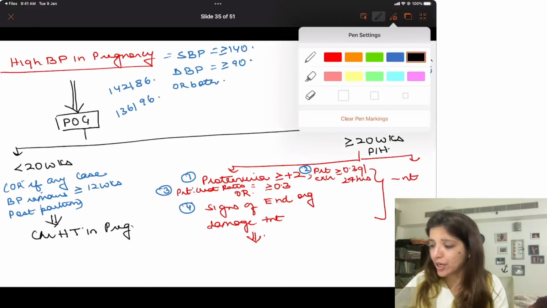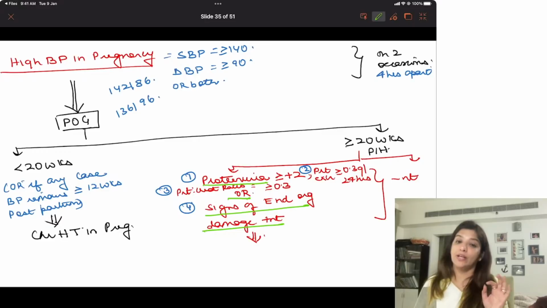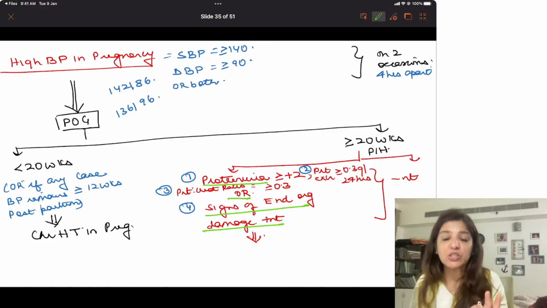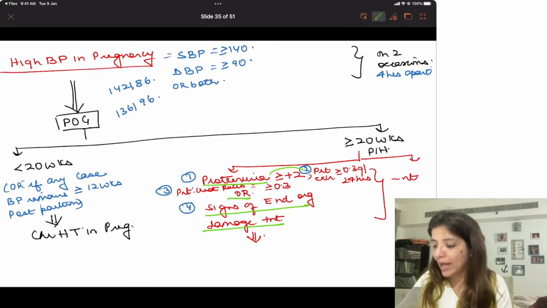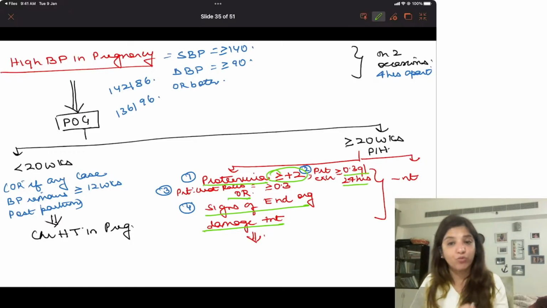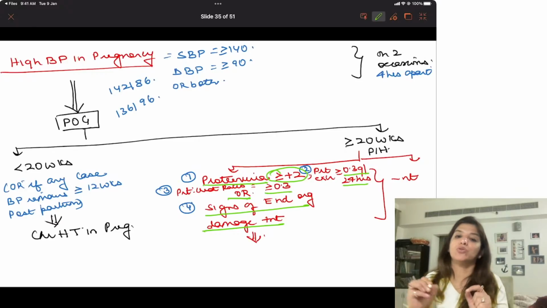In preeclampsia, you are going to get proteinuria or you are going to get signs of end organ damage. So your question is going to say that on dipstick, proteinuria was more than or equal to +2. Or your question will say that there was excretion of proteins more than or equal to 0.3 grams in 24 hours, or protein to creatinine ratio is more than or equal to 0.3.